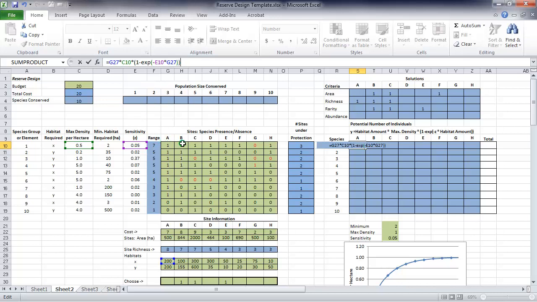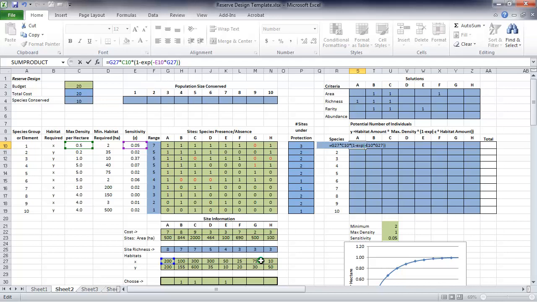But we know that not all of these species are present, even though they should be. So for example, species 1 requires 2 hectares of habitat, and it does not occur on Site G, even though there are 75 hectares of habitat present. Now, why would that be?